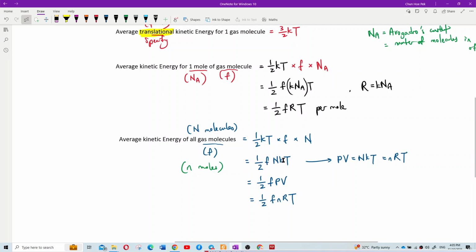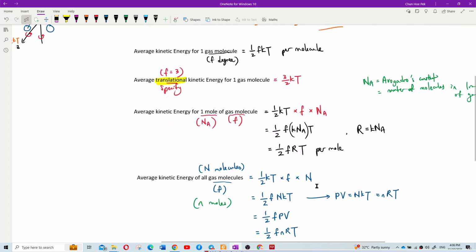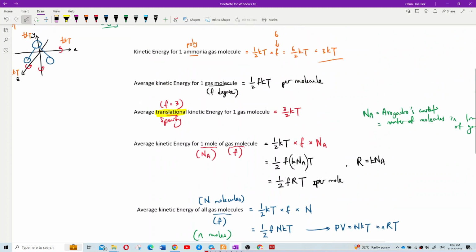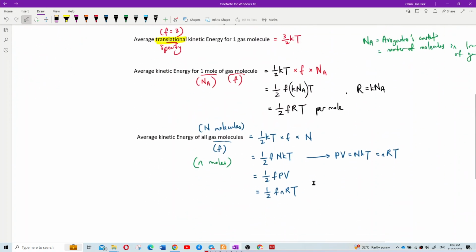Then you can change it to PV, pressure and volume, if the question gives you pressure and volume. If the question gives you number of moles, you use 1 over 2 F nRT. It's very flexible, versatile, you know. Okay, these are the things, class.